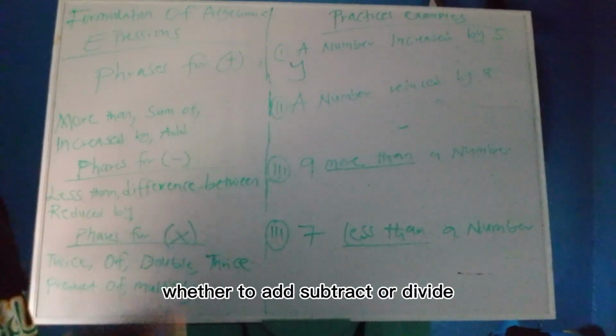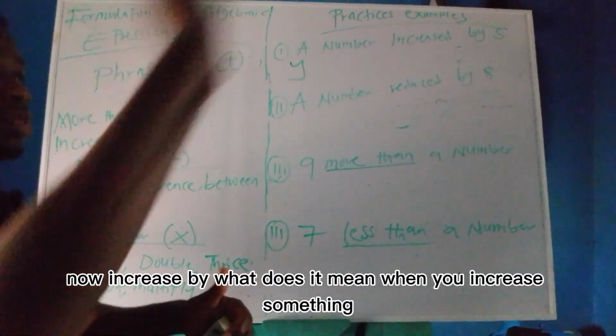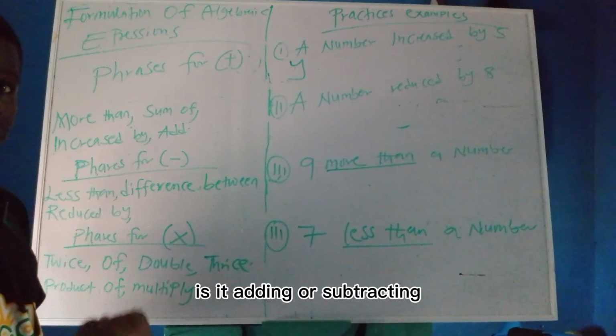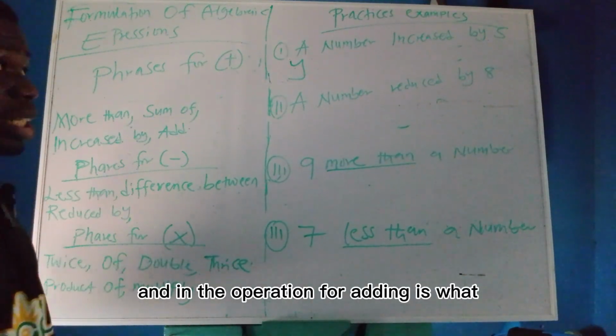Increased by 5. There are some phrases that tell us what to do, whether to add, subtract, or divide. Now, increased by, what does it mean? When you increase something, is it adding or subtracting? We are adding. And the operation for adding is plus.